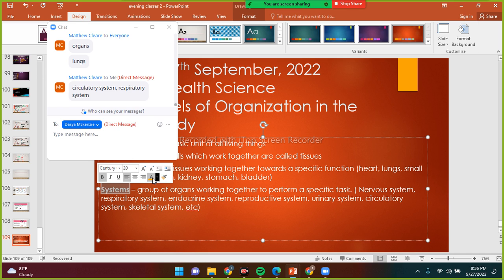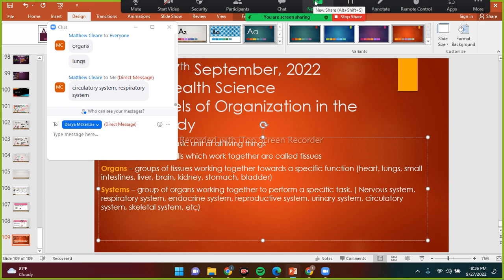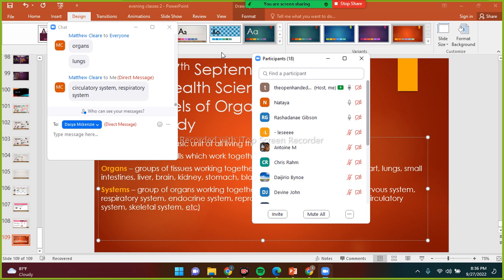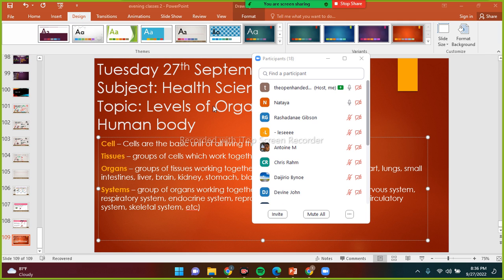All good examples. So cells make up tissues. Tissues make up what? Organs. Organs make up what? Organ systems. And systems make up what?